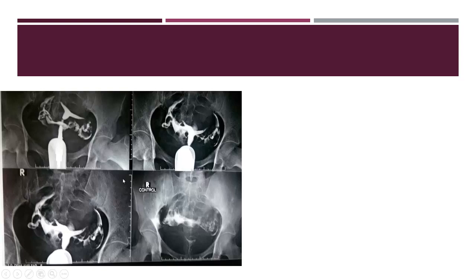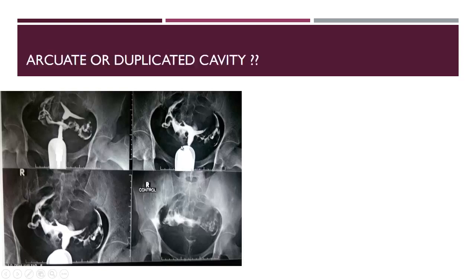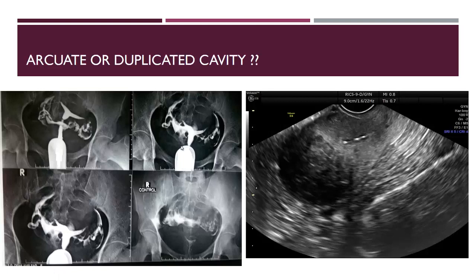What about this case? We have a uterus, and this uterus shows increased intercornual distance. There is indentation on the surface of the uterus. Is it arcuate or what? Again, when we do ultrasound, it is not arcuate nor a duplicated cavity. It is just that we have a fibroid in the fundus of the uterus displacing the uterine cavity downwards.